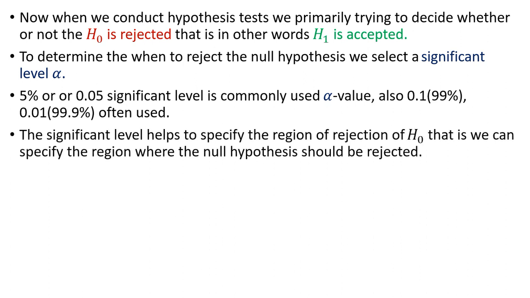The significance level helps to specify the region of rejection of the null hypothesis. That is, we can specify the region where the null hypothesis should be rejected. That region is called the critical region. So in the problem, we will look for the critical region.